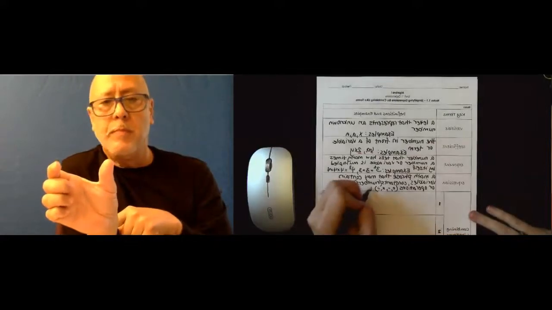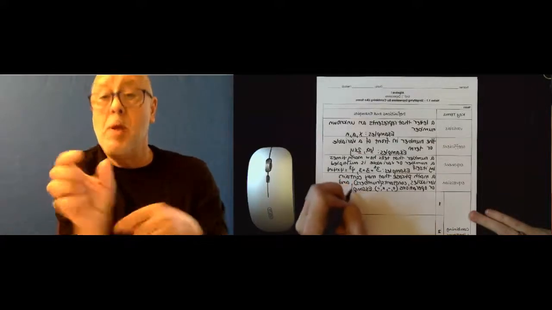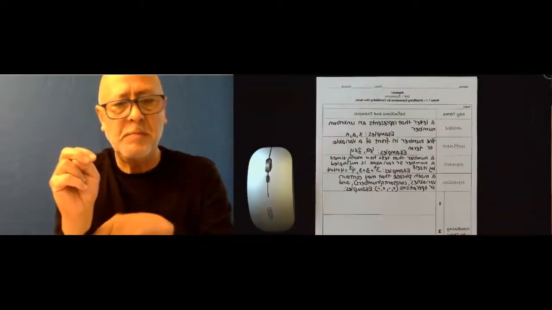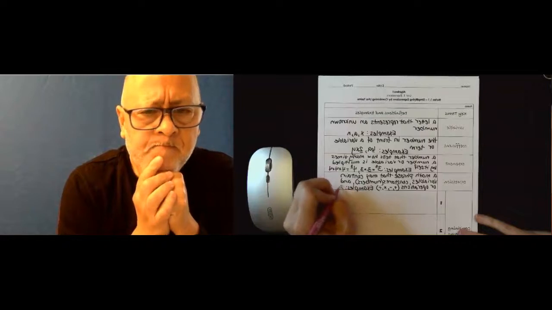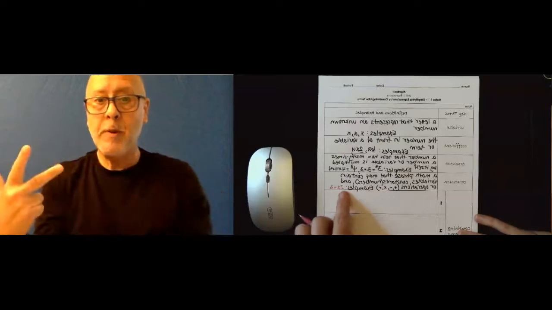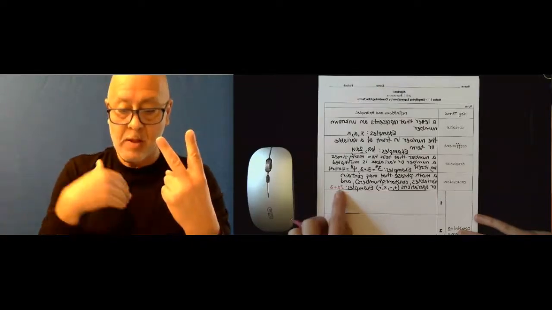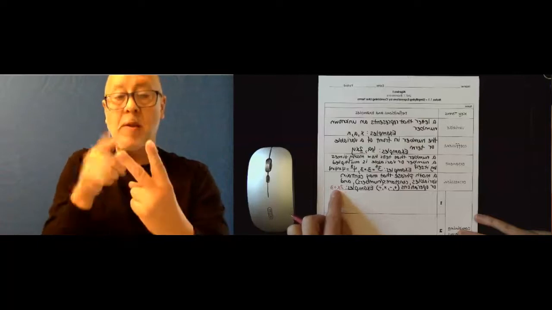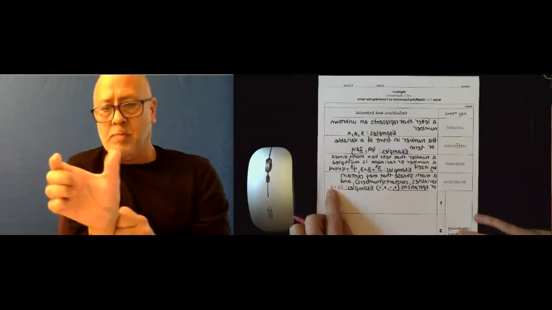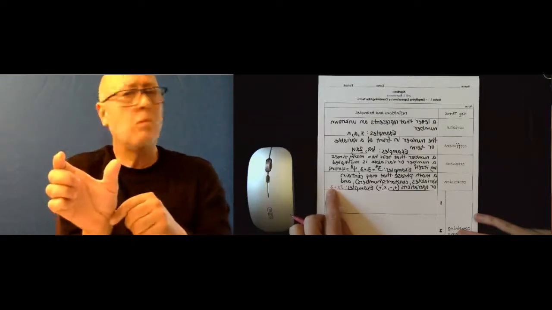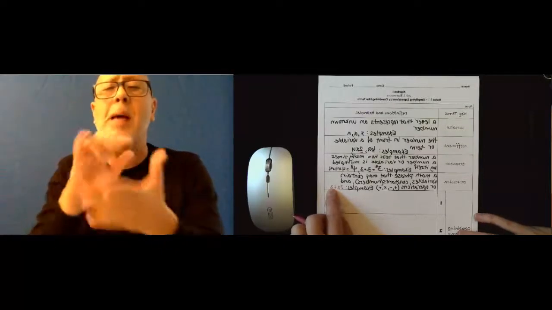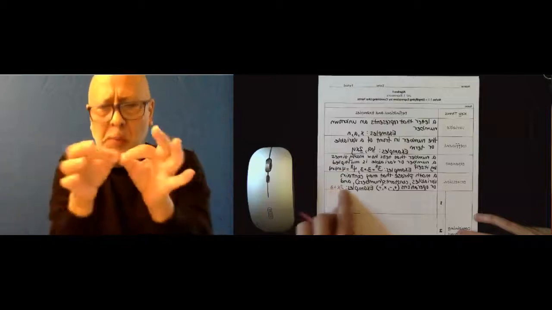So my examples would be 2x plus 3. You can see I have a coefficient, I have a variable, I have an operation, and I have a constant. Now, expressions do not have equal signs. Those are equations, and you can hear the word equal, but this isn't an equation.